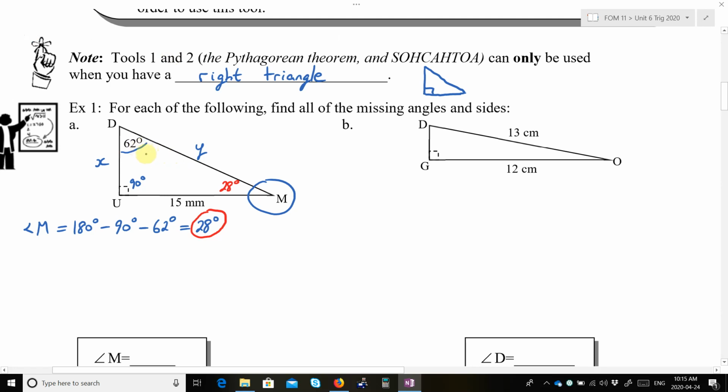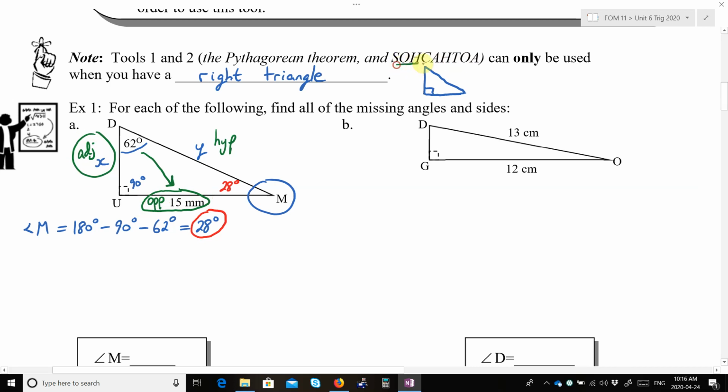If we use angle 62, then the triangle would be labeled like this. This would be the opposite side. This would be the adjacent, and across from the 90 is always the hypotenuse. And so I have the opposite side, and I want to find the adjacent. Which ratio deals with opposite and adjacent?